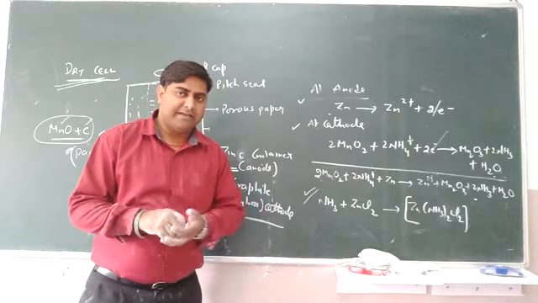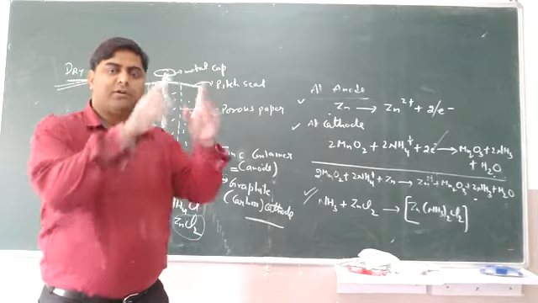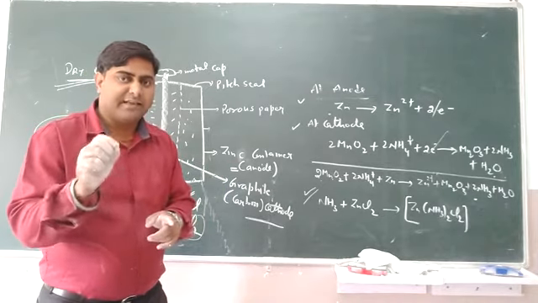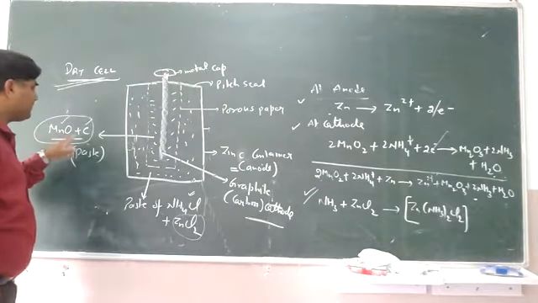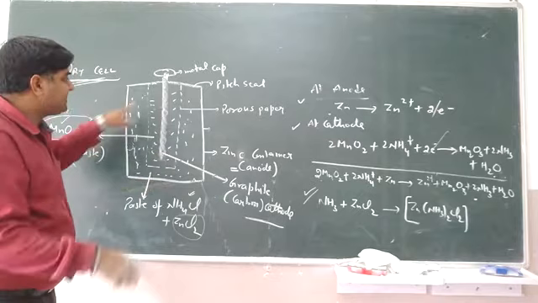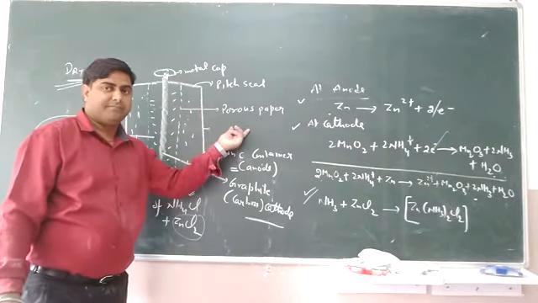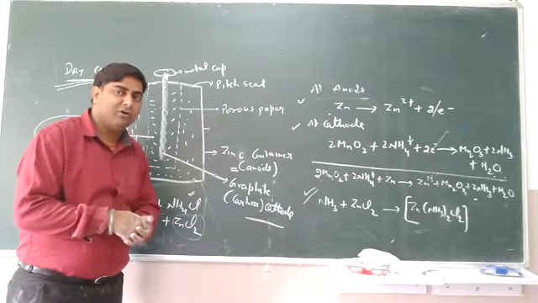So let us again see what happens. In a dry cell, a rod of carbon, that is graphite, is kept in a paste of manganese dioxide and carbon. These three things are placed inside a porous paper. The whole apparatus is kept in a zinc container.